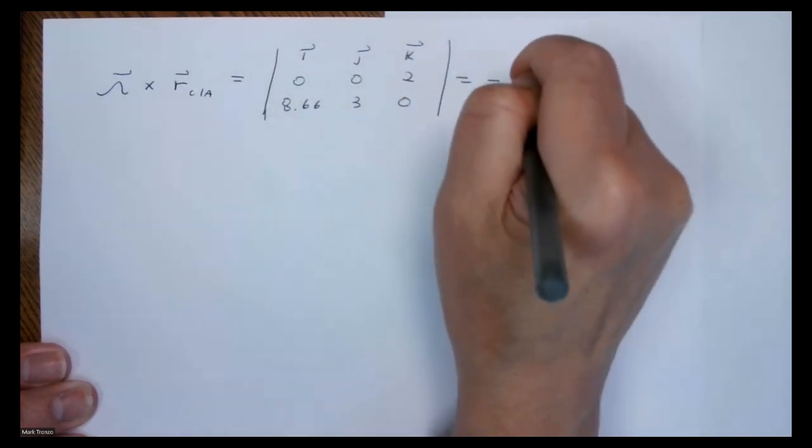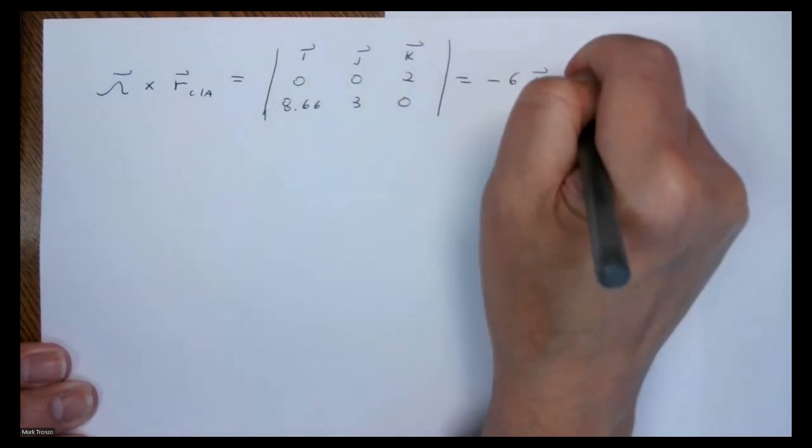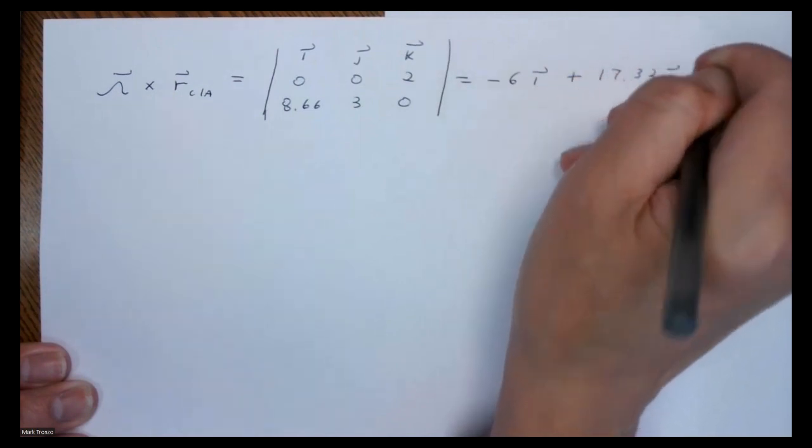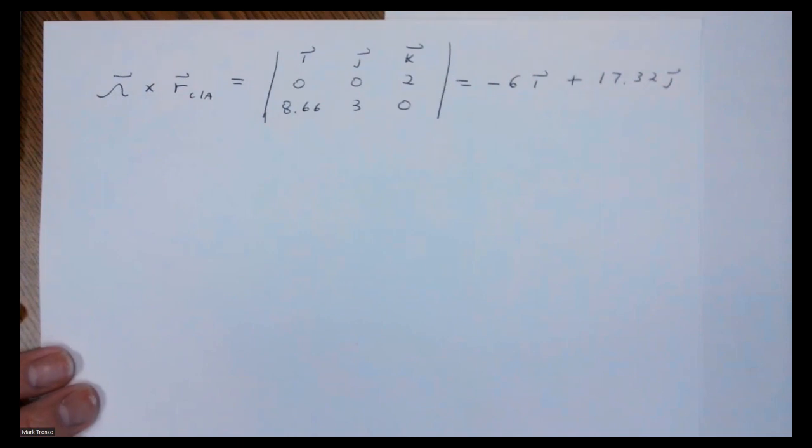And when we do the cross product, we get negative 6i, 7.32j. You can go ahead and take the time to verify that when you get a chance.